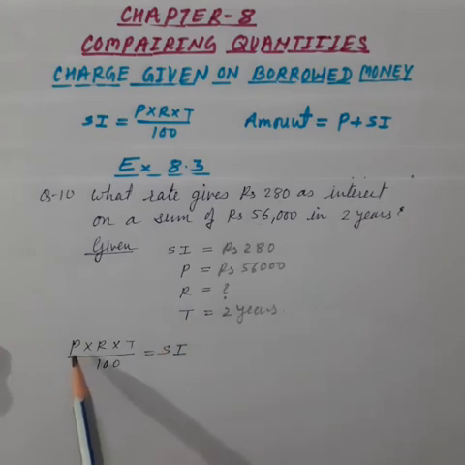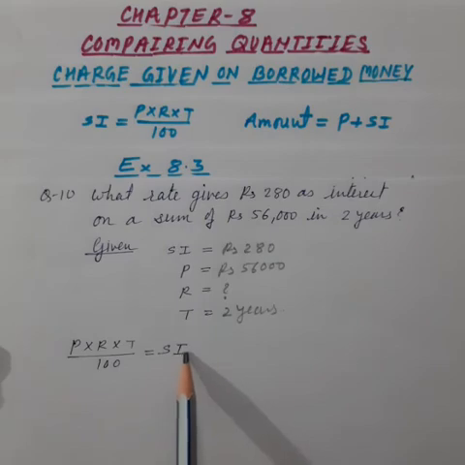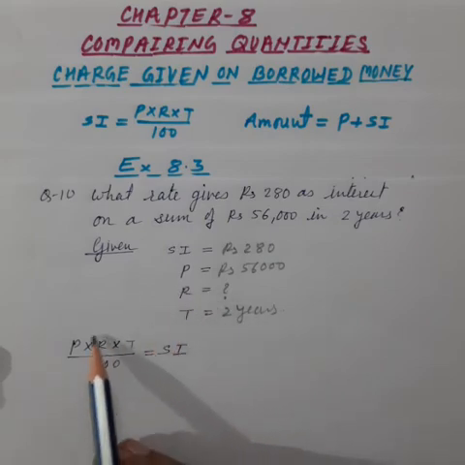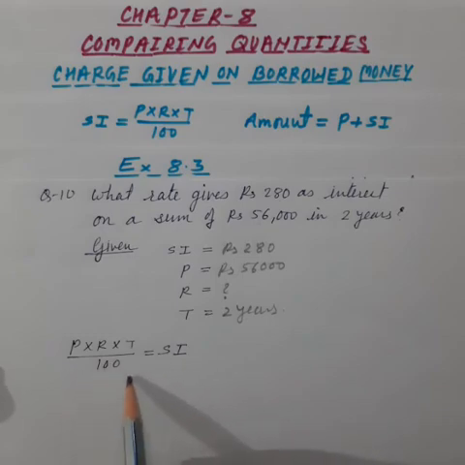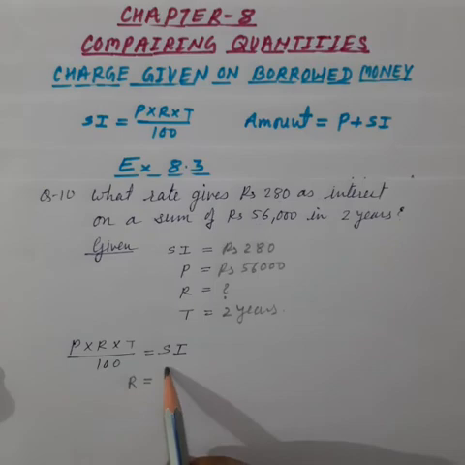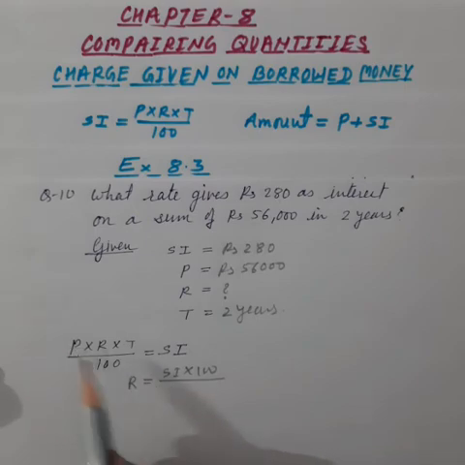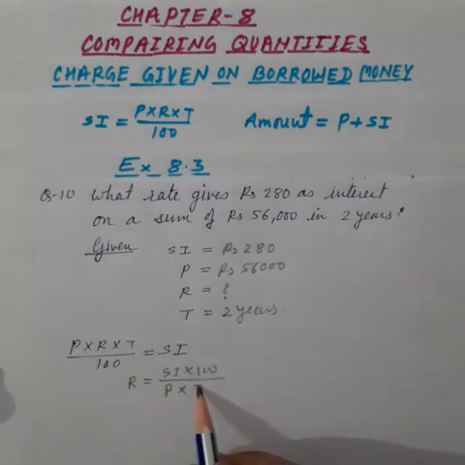So write the formula like this: PRT upon 100 equal to simple interest, because we have to find out rate. We want the unknown on the left side. So keep the unknown on the left side, and here simple interest, this 100 will come in the numerator, and on the other side P also in the denominator and this T also in the denominator.